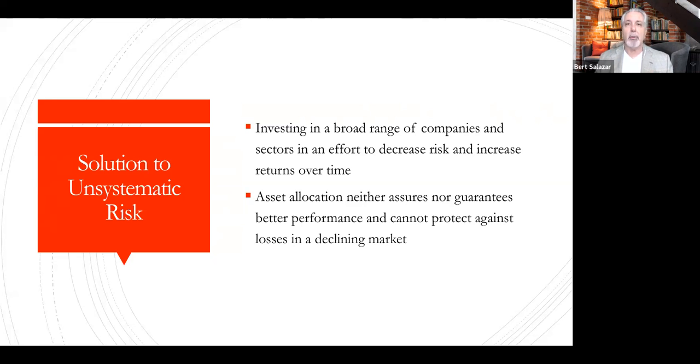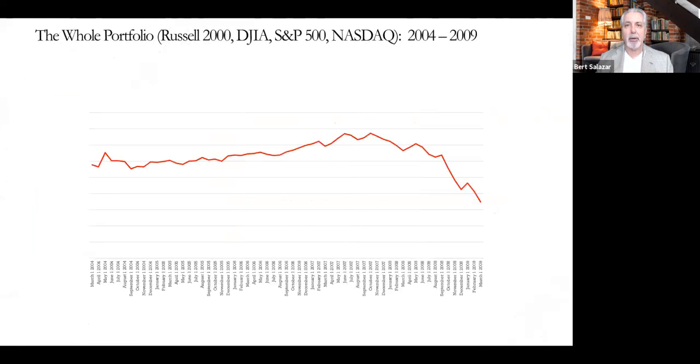So all you're doing with asset allocation is trying to diversify your risk, but it's not guaranteeing that you're not going to be losing money if, in fact, there's something systematic that hits entire sectors or the entire market overall. So you have to be very careful. And here we have an example of that.